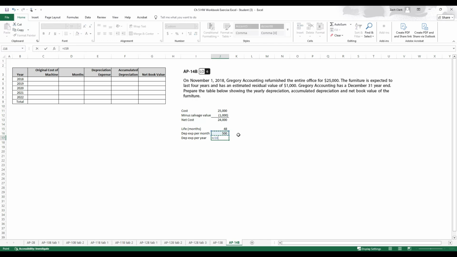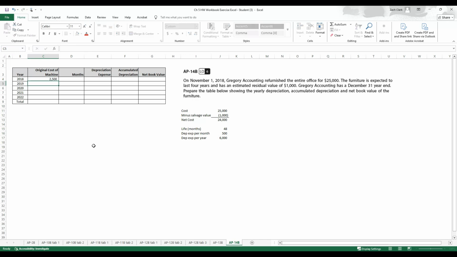And another way, if we want to convert that to annual, we just multiply that by 12, or we could just divide 24 by 4, for example, but we'll just do it by multiplying the monthly times 12. And so depreciation expense per year will be $6,000, per month will be $500, and now we have all the information that we need to fill out our table here.